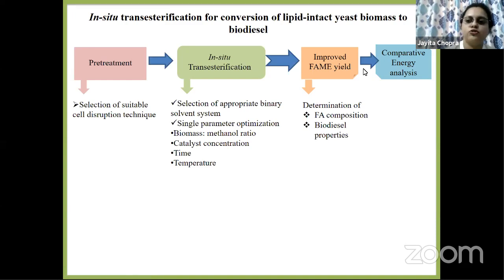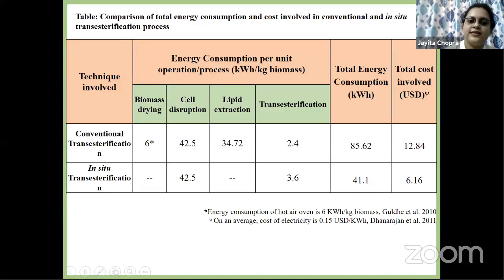I won't show all the results in detail. I just want to show the little energy analysis that we have performed. So this shows the comparative energy analysis between the conventional transesterification and the direct method. For processing 1 kg of yeast biomass, around 85 kilowatt hour of energy consumption was recorded, and for the direct method it is around 41 kilowatt hour, which is almost reduced to half.